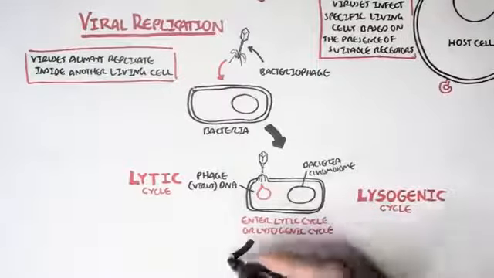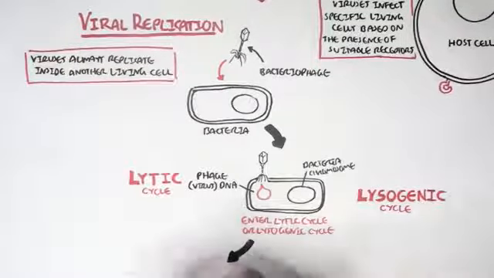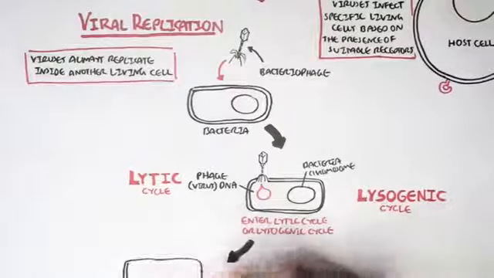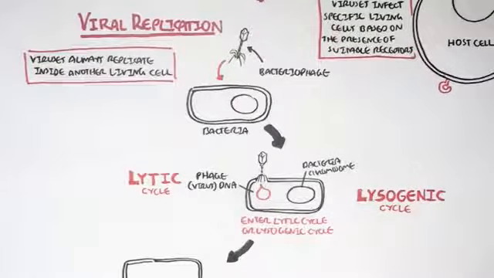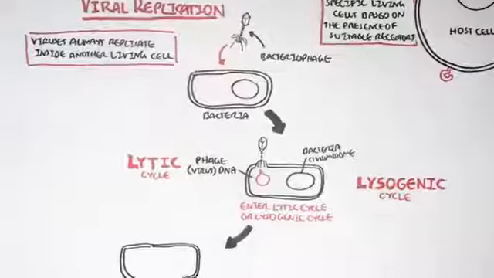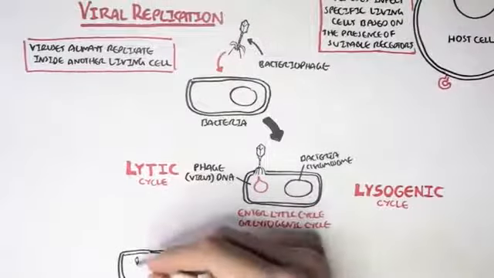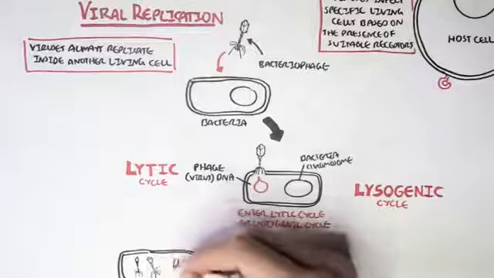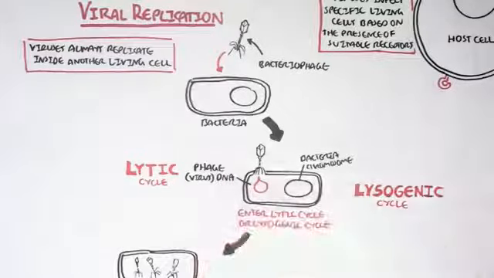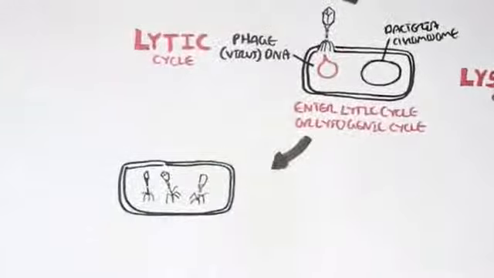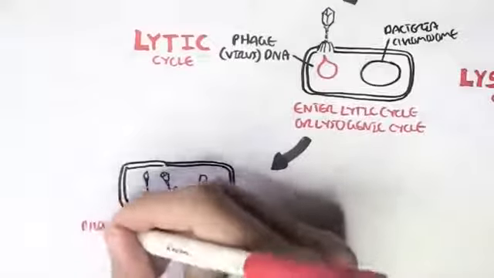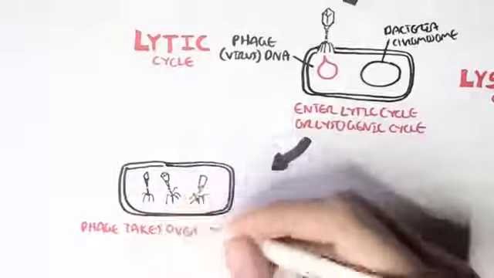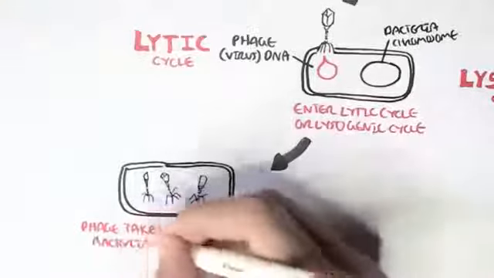Let's first follow the lytic cycle. In the lytic cycle, the virus, the bacteriophage, the phage DNA, will take over the bacteria's cell machinery and begin synthesizing new bacteriophage DNA and proteins to create new bacteriophages, new viruses within the bacteria.